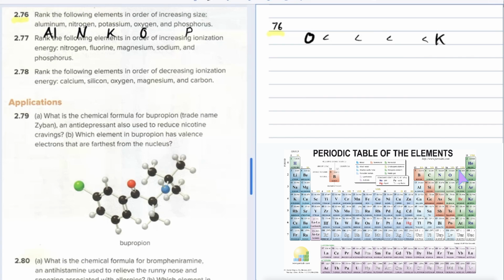So it looks like nitrogen was next closest. And then phosphorus. And then aluminum. Does everybody see that? So I'll point to them. There's oxygen, nitrogen, phosphorus, aluminum, potassium. So we're getting bigger as we did that.